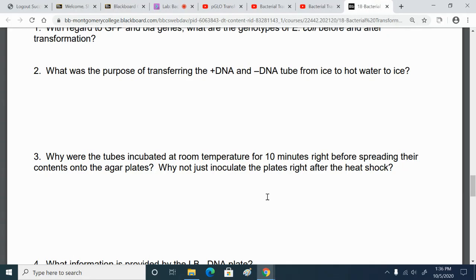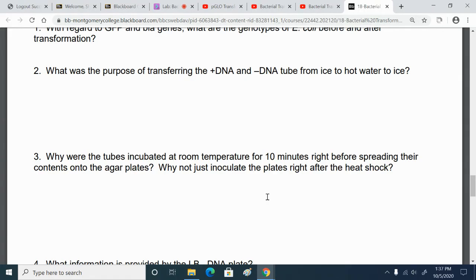What they're actually doing is they're transcribing and translating the plasmid, in particular, the beta-lactamase gene. So they're making the enzyme beta-lactamase so that when we spread them onto the surface of agar plates containing ampicillin, they will survive. So we have to give the bacteria food and time to transcribe and translate, and in particular to make beta-lactamase.